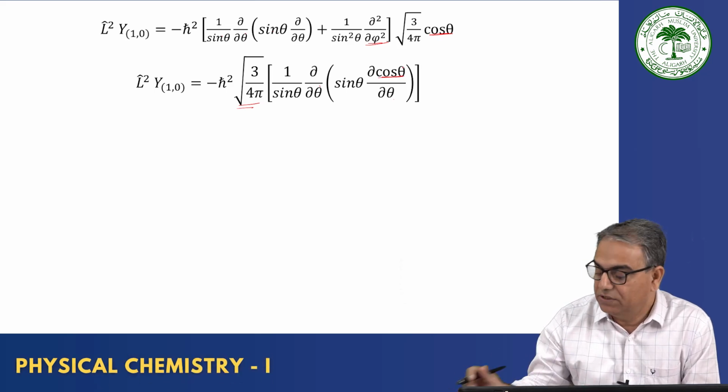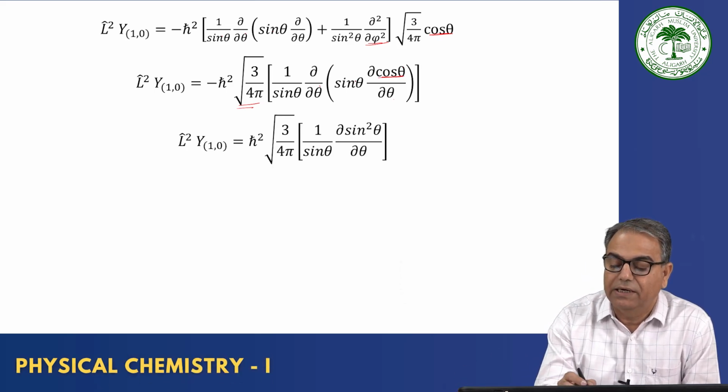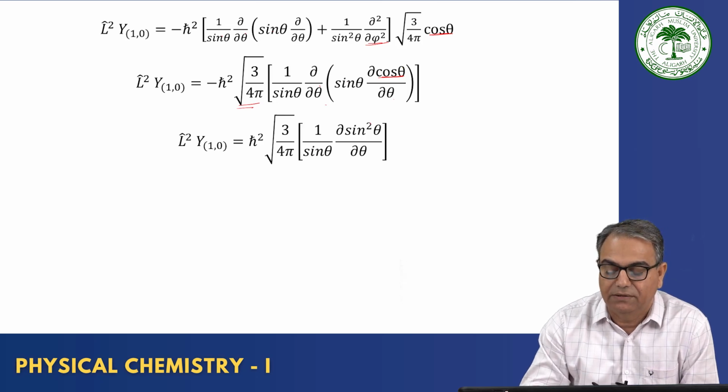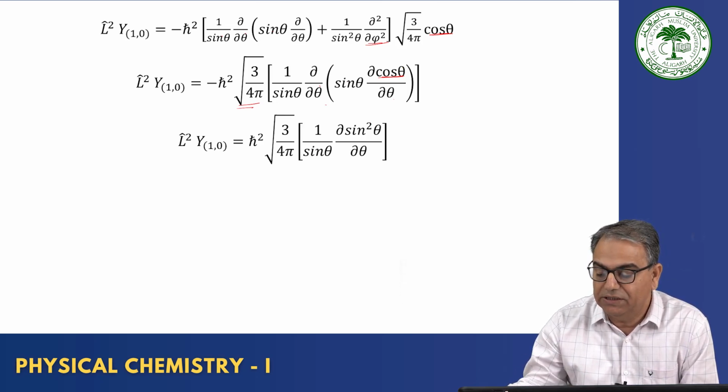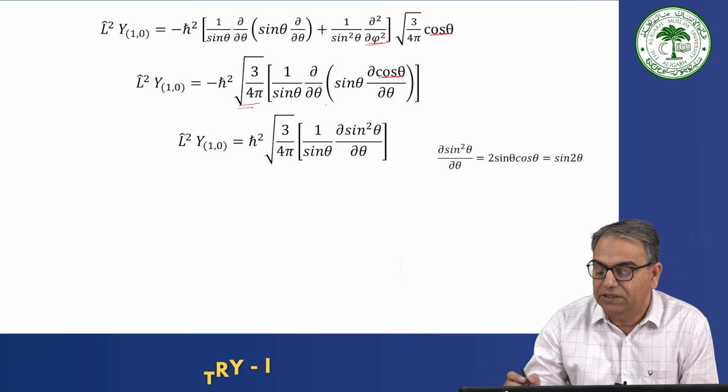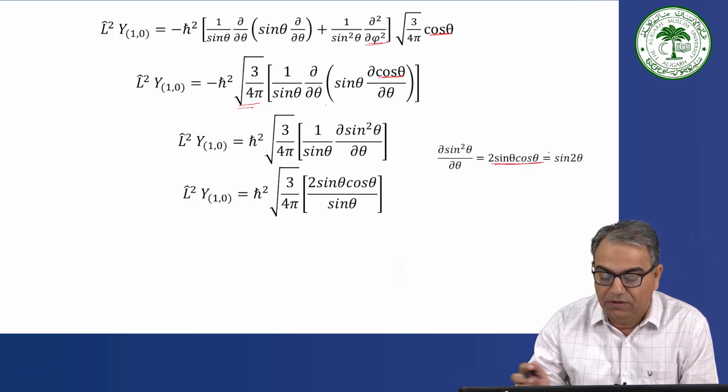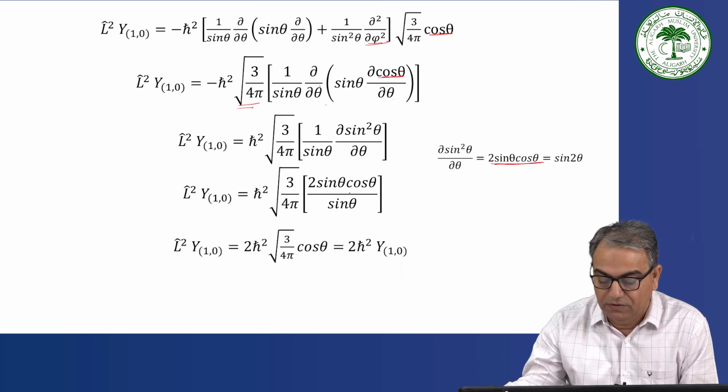Okay. And what will be the result? Del by del theta of cos theta will be sin theta, and this sin theta multiplied by sin theta will be sin square theta. So finally what you will have? 1 by sin theta, again del by del theta of sin square theta. And this will be 2 sin theta cos theta. So if you put this value, what do you get? 2 sin theta cos theta divided by sin theta, and sin theta will go, and you will have root 3 by 4 pi, 2 will come outside, 2 h cross square cos theta.